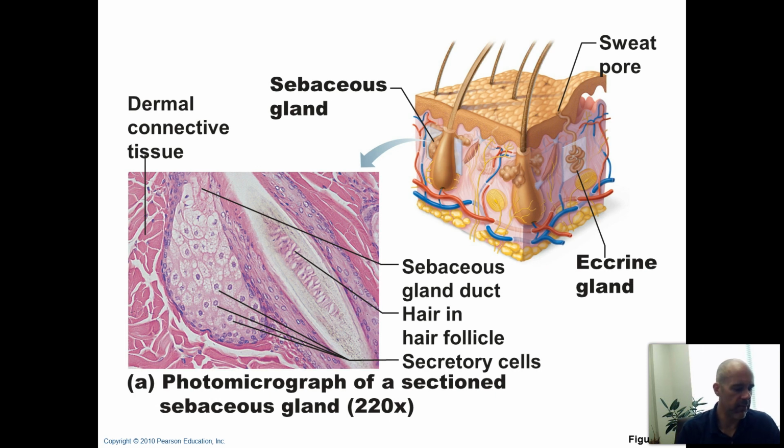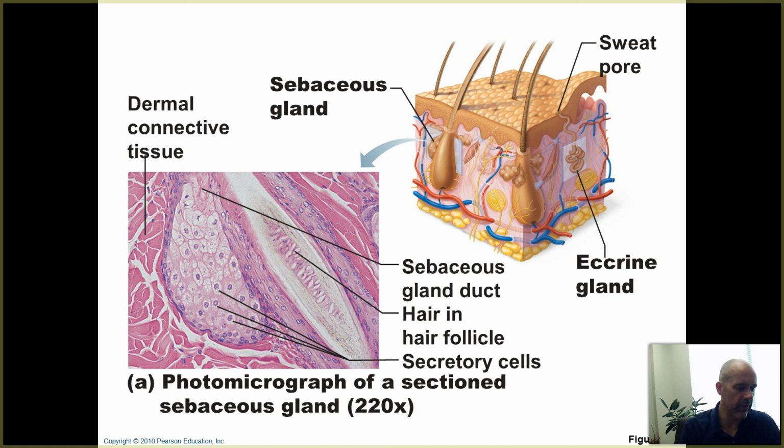Alright, so the anatomy of this, of course, will be covered on the anatomy section for the unit, but on our little skin chunk diagram here, right in there, this little thing that looks like a clover leaf, that is a sebaceous gland. There's one over here they're showing you a portion of, and you can see how it's connected to a hair follicle with a hair sticking up, and then here's one over here as well with the hair sticking up.